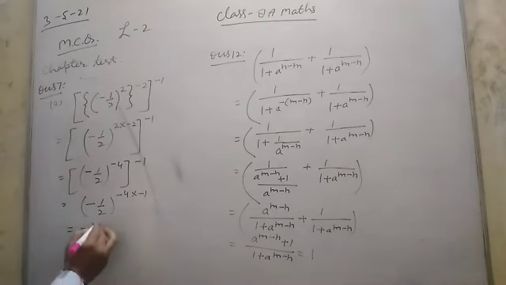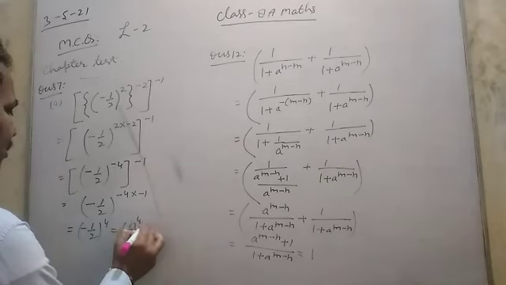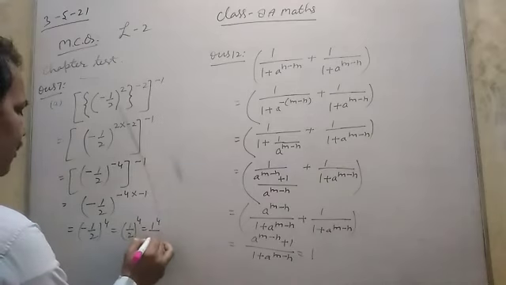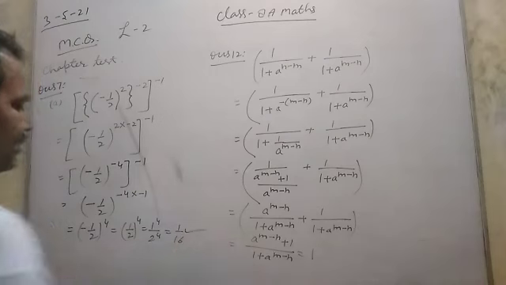So minus 1 by 2 power 4. Then a minus power an even number is positive, so we can write 1 by 2 power 4. So 1 power 4 upon 2 power 4. 1 power 4 is 1 and 2 power 4 is 16. So 1 upon 16.